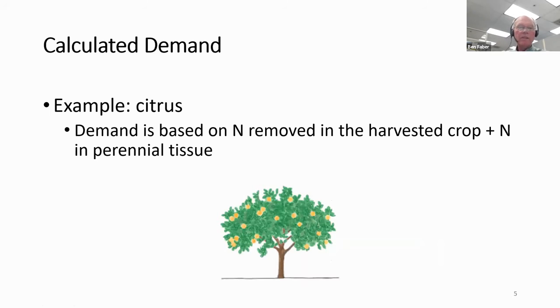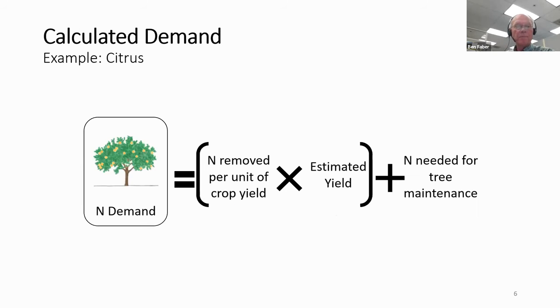So in the case of citrus, we are looking primarily at the demand for nitrogen in the crop that's harvested, as well as that which is in the perennial tissue. So we can actually look at the total crop load that's removed, 20,000 or 30,000 pounds of citrus, and estimate that the crop load is 25 pounds of nitrogen per ton, and get an estimate of the actual requirement just from the load of fruit that's coming off the tree.